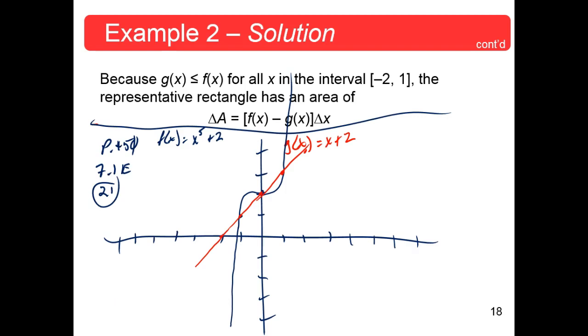Say again? Well, for the area, that's what I was asking for. Okay. In other words, f minus g would be here. Here it's g minus f. In other words, f minus g would be exactly the opposite of it. So the sum of these two would be 0. Oh. Is that what the answer was?